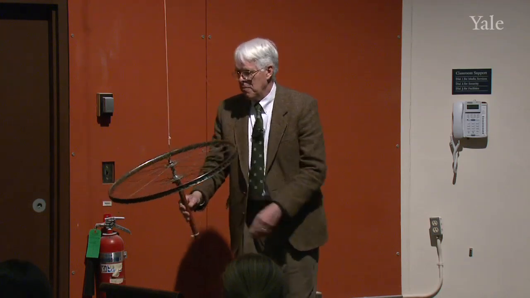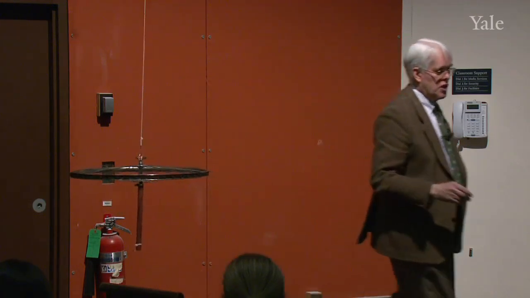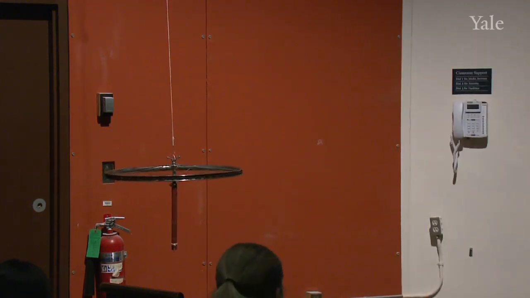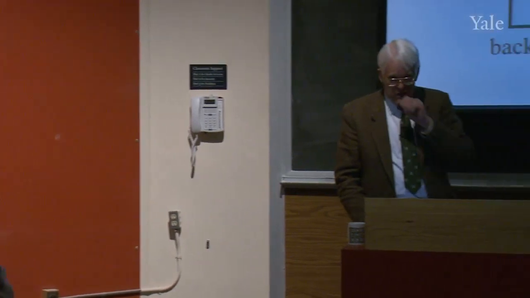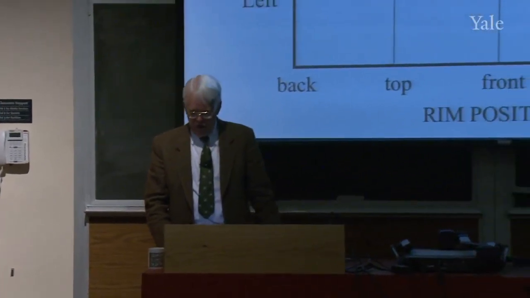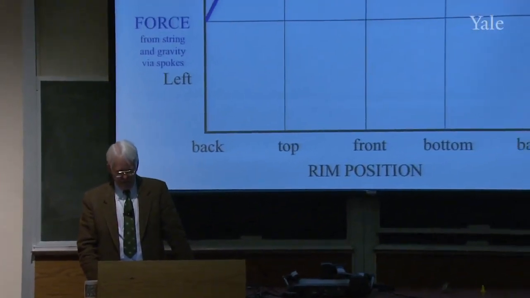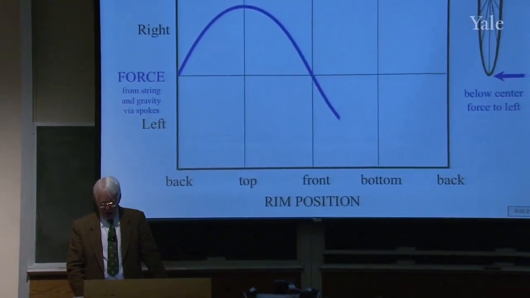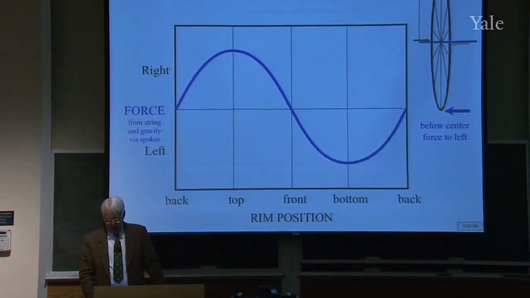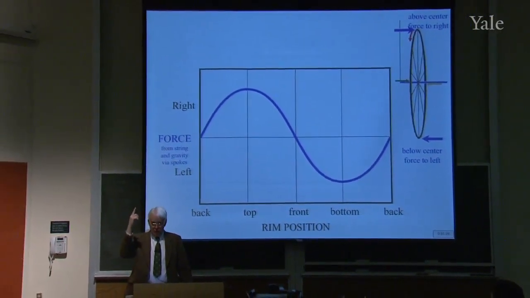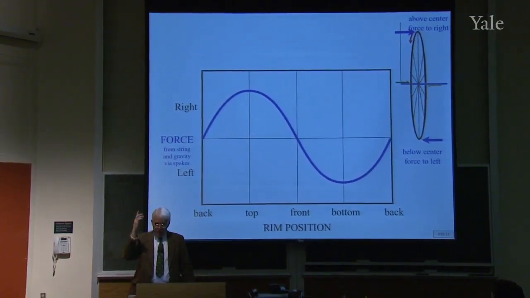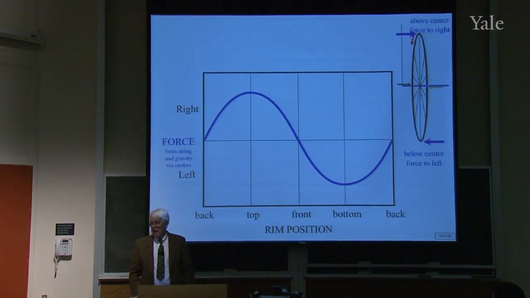Okay, so we can make a plot of the force as a function of position on the rim. When it's above, the force is to the right, below it's to the left, and this is what the force should look like, right? When it's in the front or in the back, there's no force. When it's above, there's a force to the right, and when it's below, there's a force to the left, okay?